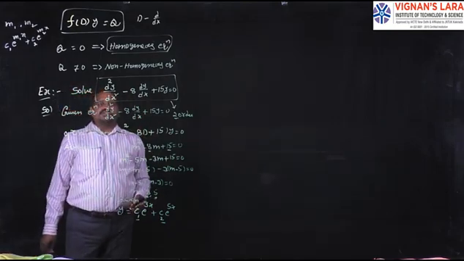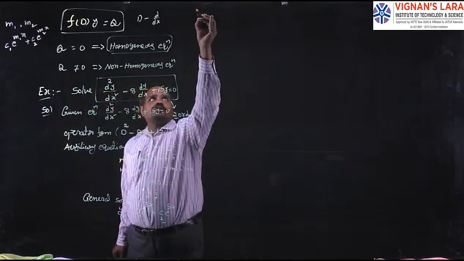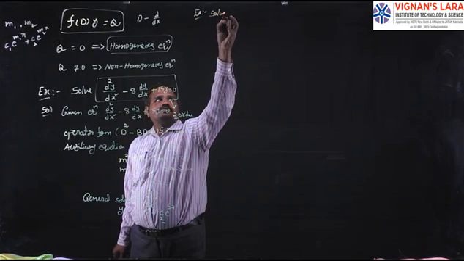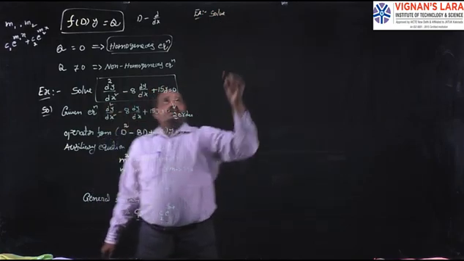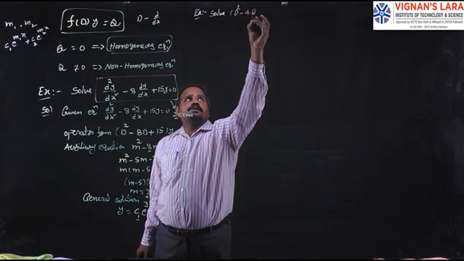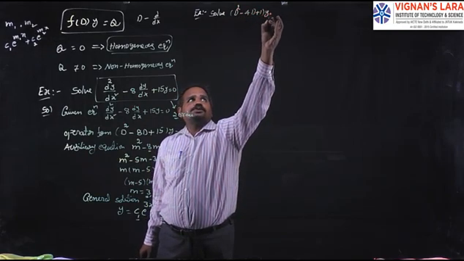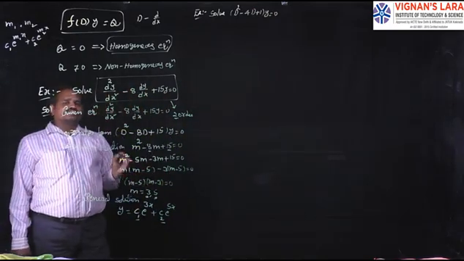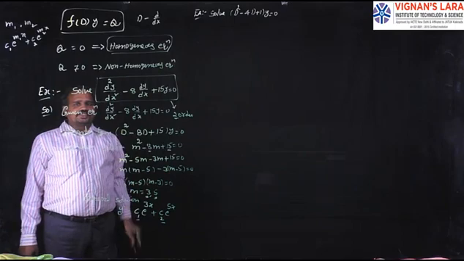Now we go through another problem. Solve D square minus 4D plus 1 into y is equal to 0. Right hand side value is 0, so this is a homogeneous equation.